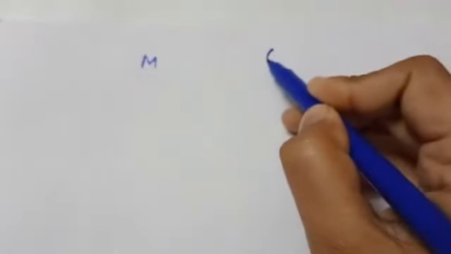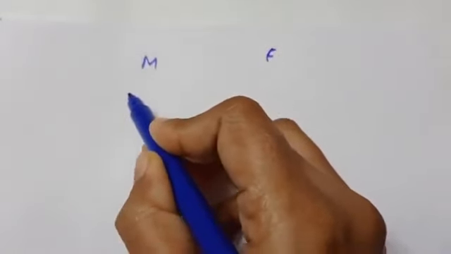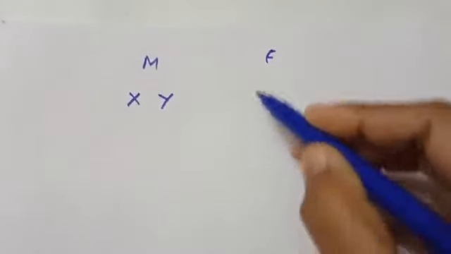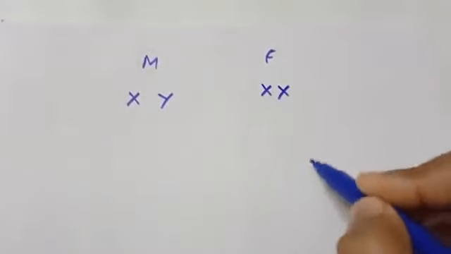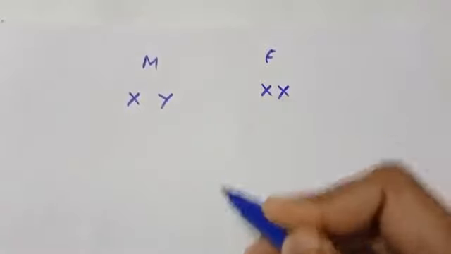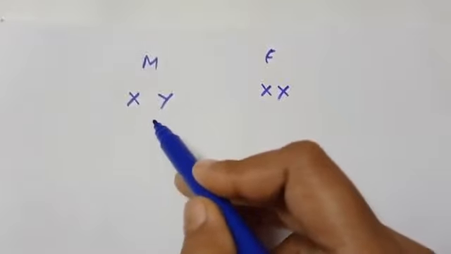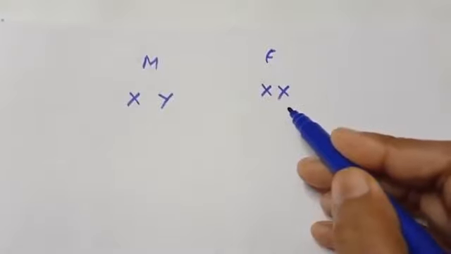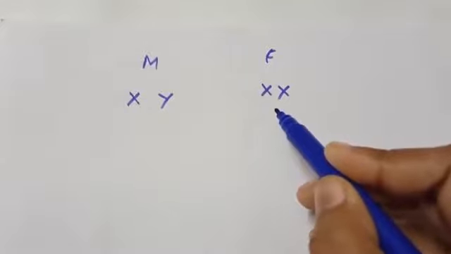So the male gamete has the XY chromosomes, and the female has the sex chromosomes with the code XX. When these two fuse, what can happen? Because 50% of the genes are inherited from the male and 50% from the female, in any case the trait inherited from a female will be the X type.